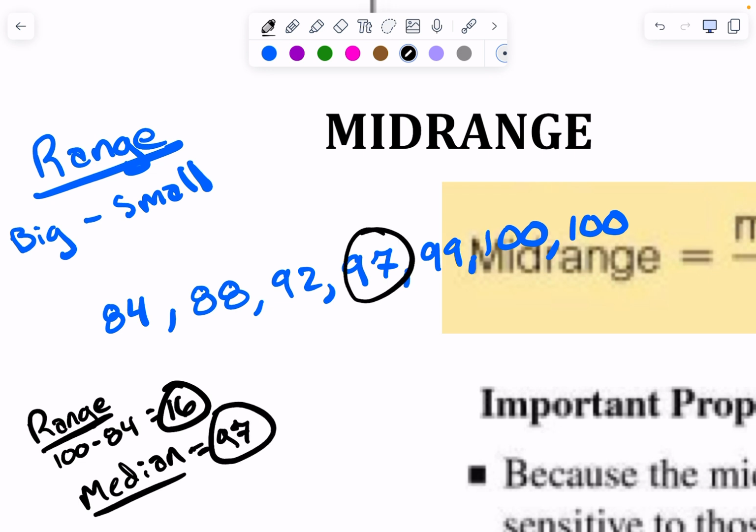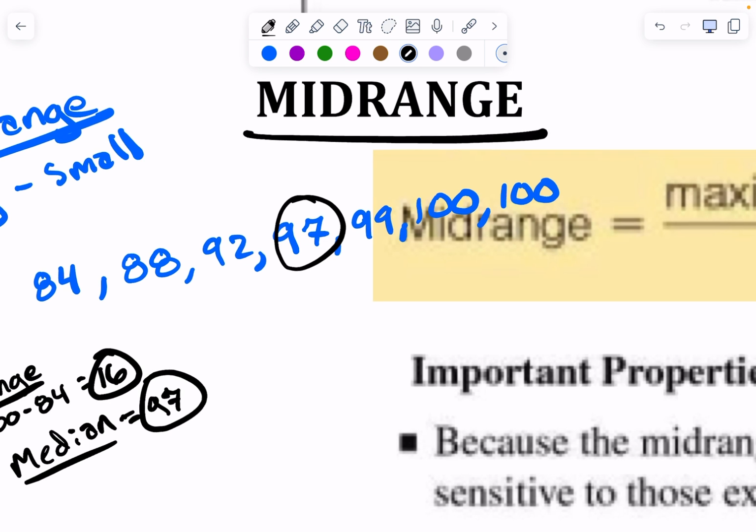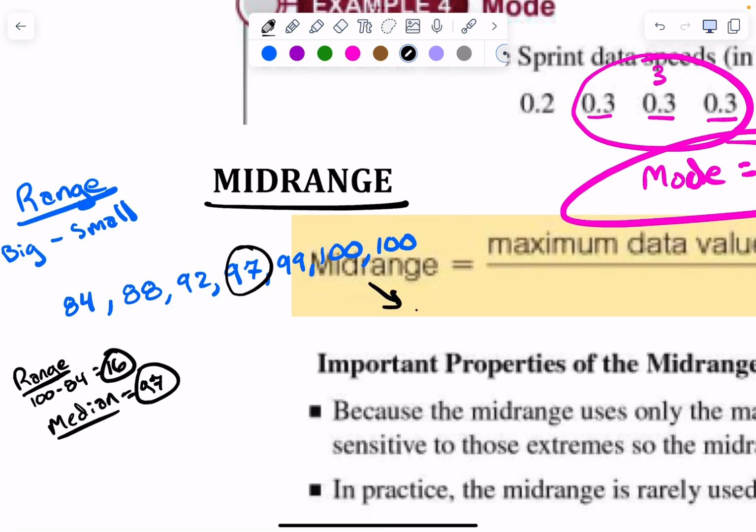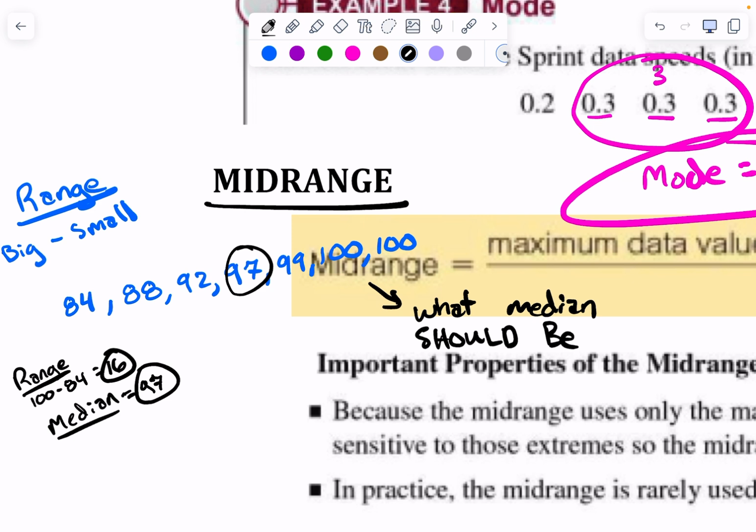Okay, here is what the mid-range is. Write this down. Mid-range is what the median should be. I'll explain myself in a second. Think of the mid-range as what the median value should be.